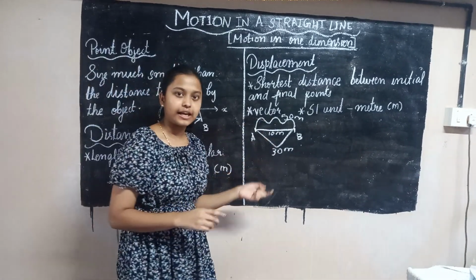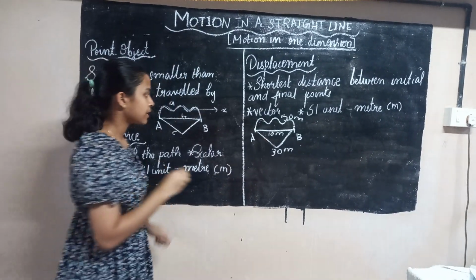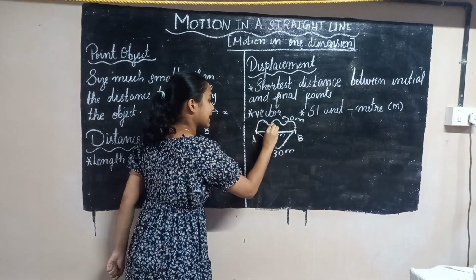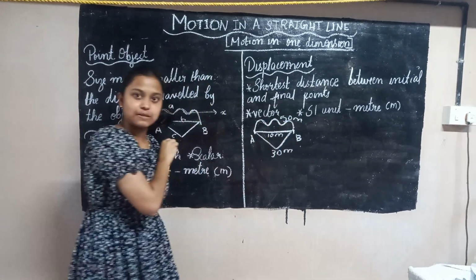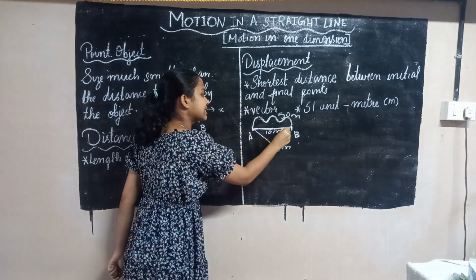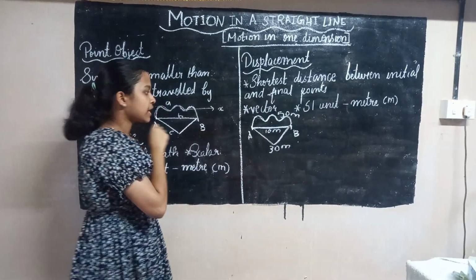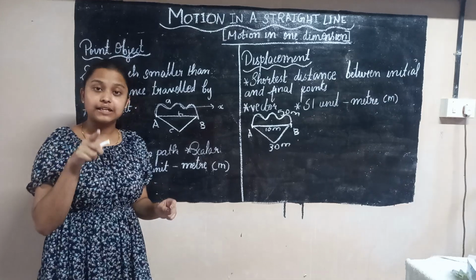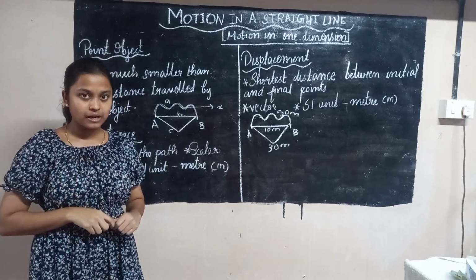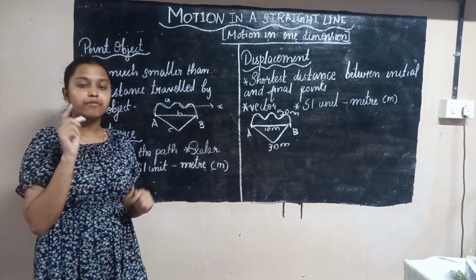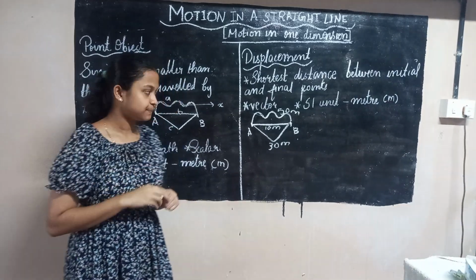When we are considering distance and displacement, in this case distance is greater than displacement and here the distance is equal to displacement. Distance can be greater than or equal to displacement, but displacement is never greater than distance.